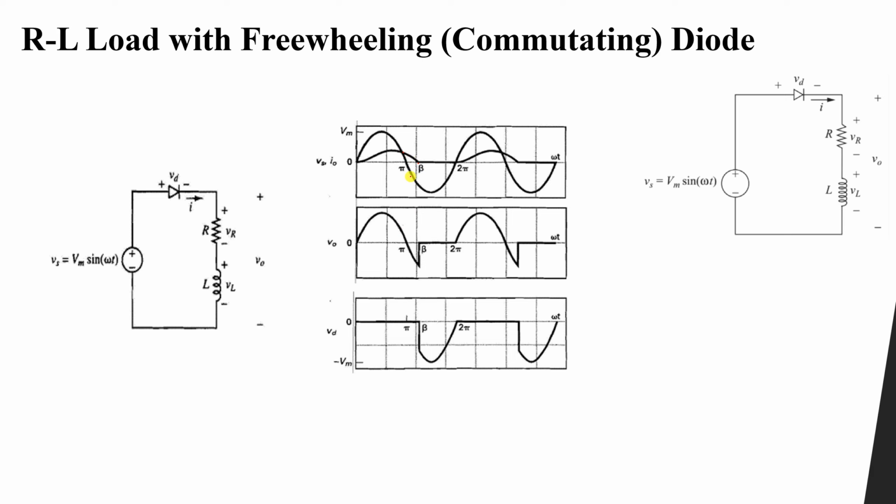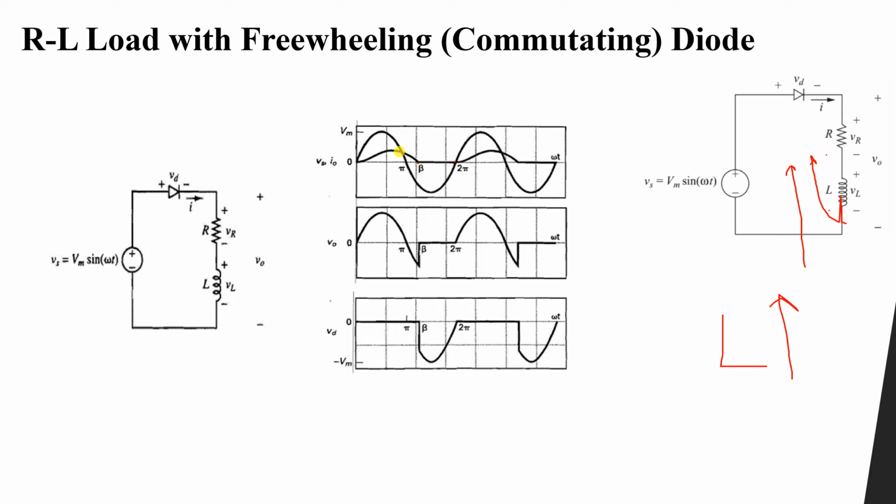So this extinction angle depends on what? It depends on the values of R and L, the inductance and resistance. And the higher the value of inductance, the larger the angle. So by increasing inductance L, instead of having beta like here, we can make it beta here exactly.